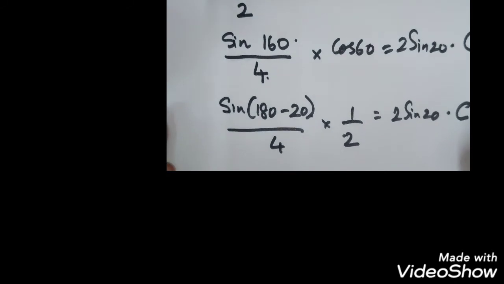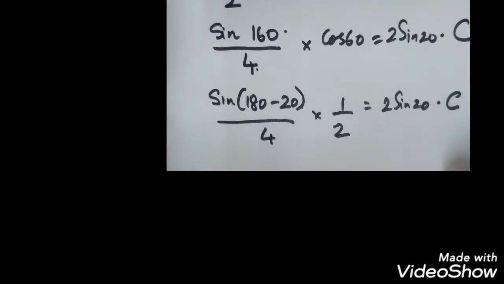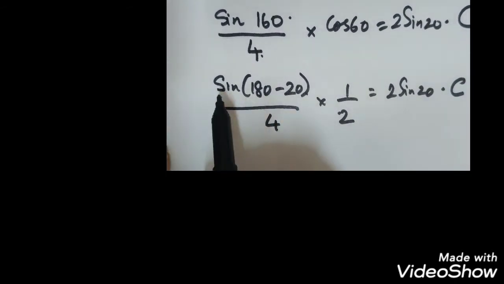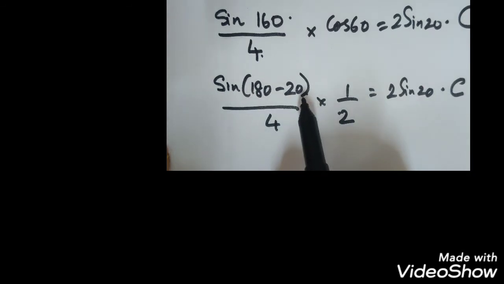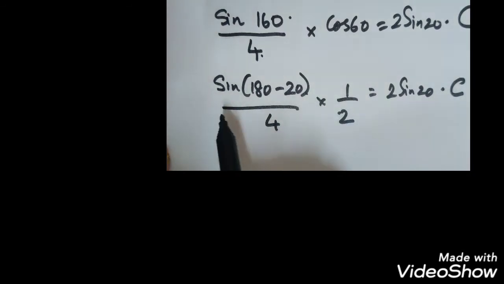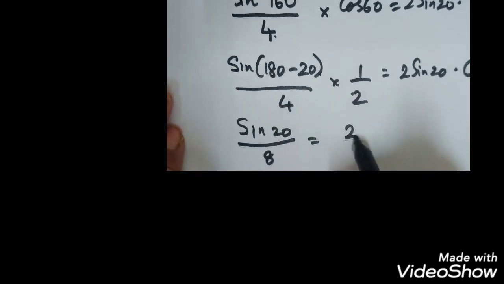So this is what we arrive at. So now further simplifying, sine of 180 minus theta, second quadrant, so sine remains positive, so it becomes sine 20. So I have sine 20 divided by 4 into 2 is 8, is equal to 2 into sine 20 into c.